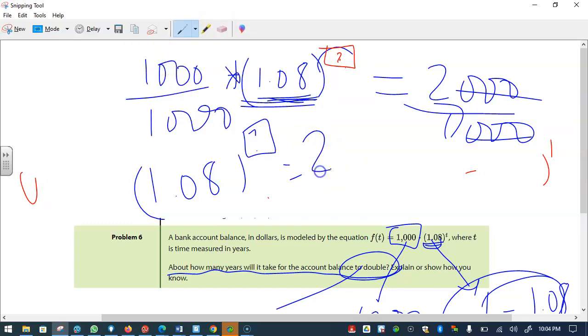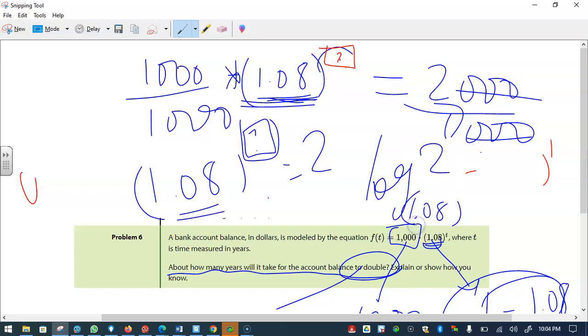So that means we use the logarithm of 2, and the base is 1.08, right? You can put it on the calculator and figure it out yourself. But that's not the question.